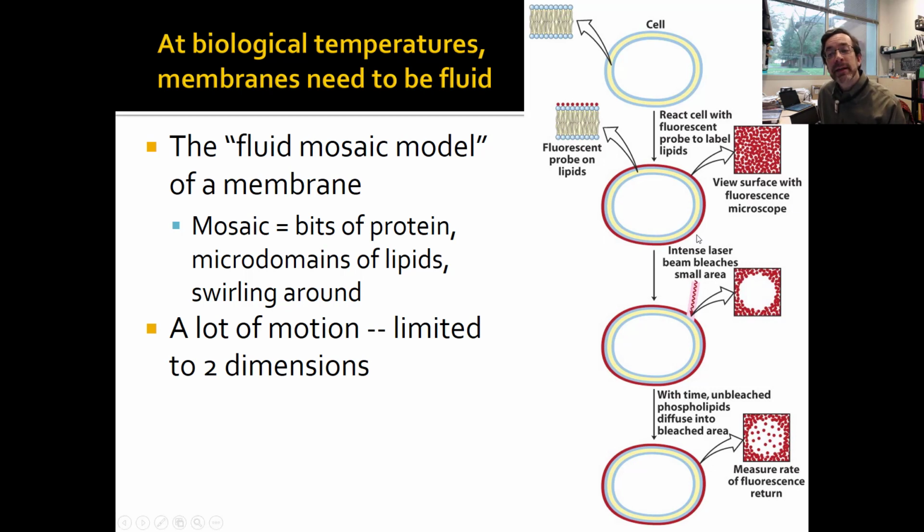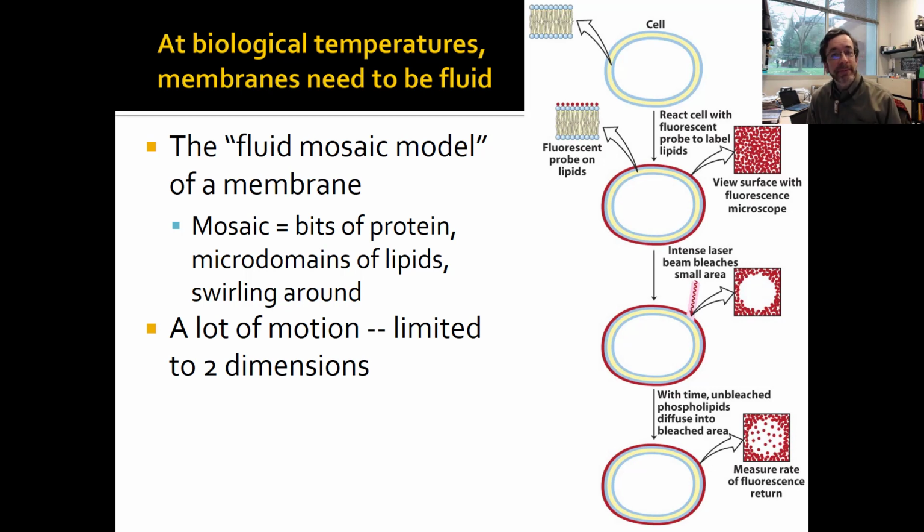So what you did is you shone an intense laser on a small spot and you trained your microscope on that spot. You saw that the laser would do what's called photobleaching. It would take those red molecules and turn them white. It would bleach them white because its intense energy would basically break down the red color.